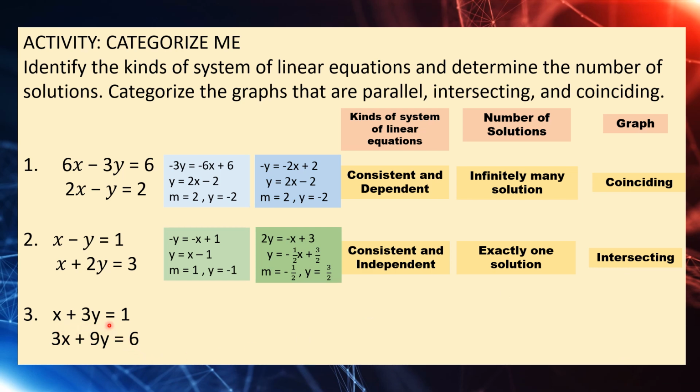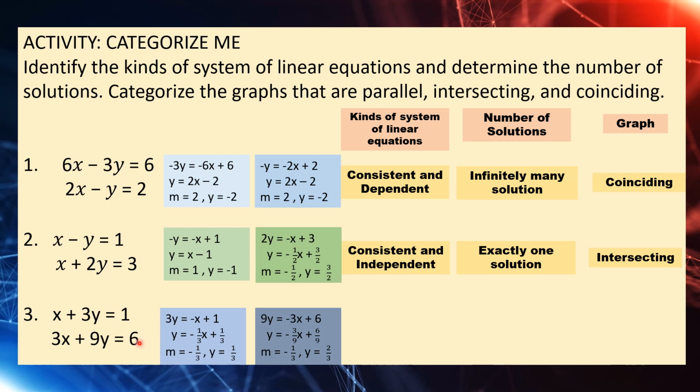So let's have the last. x plus 3y equals 1 and 3x plus 9y equals 6. Again, we need to write this first into slope-intercept form, y equals mx plus b. So we transpose positive x to the right side of the equation. So it becomes negative x. So we have now 3y equals negative x plus 1. To get rid of 3, we divide both sides by 3.